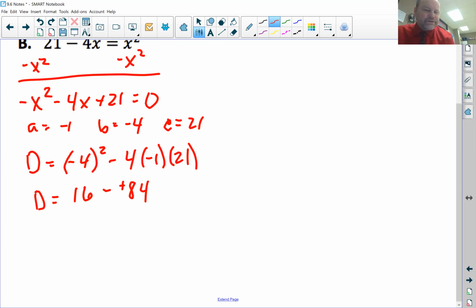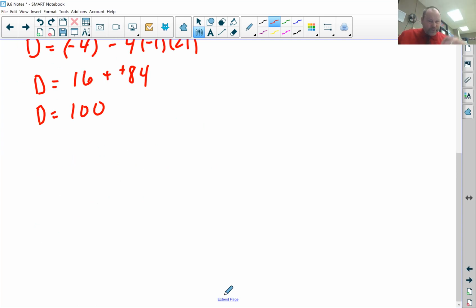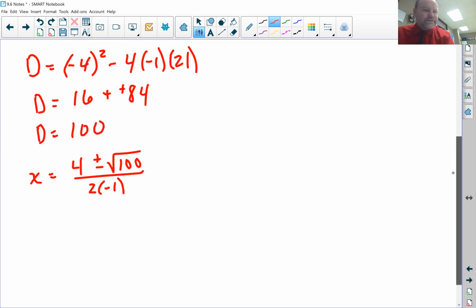So that minus a negative becomes plus a positive. The discriminant is 100, so I know I have two solutions. So my solutions are going to be the opposite of b, so that's 4, plus or minus the square root of 100, divided by 2 times a, and a was -1 in this case.